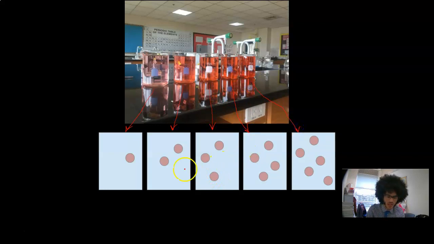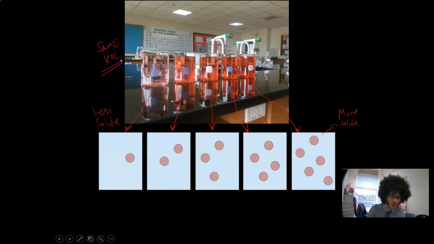And you can see that as you go along, there are more and more red particles dissolved in it. So on this far side, this has got more solute, okay? Whereas over here you've got less solute. But the key thing about all of them is that they have the same volume, okay? And that's really, really important.